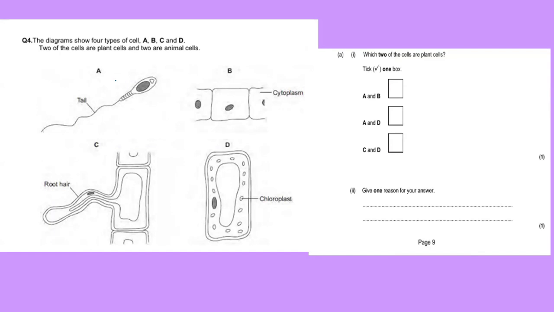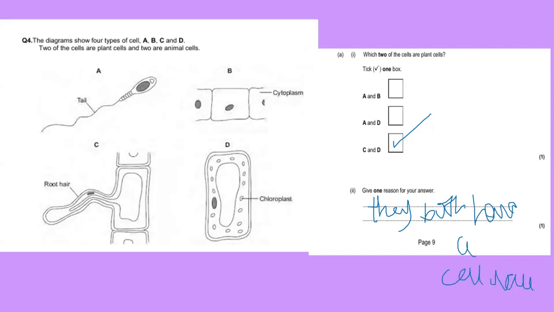So it's going to be C and D. Okay, the root hair cell and the plant cell because they both have a cell wall. These 2 don't. And then you can say they both have a cell wall. And that would be basically your answer.